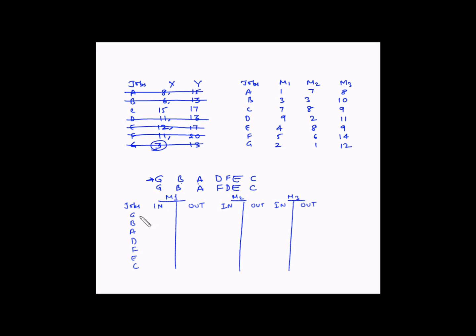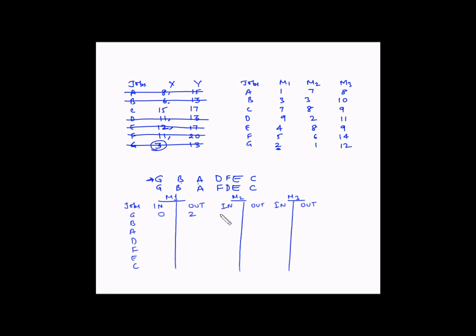So first job is job G. Since we are starting from job G, it can come into M1 at the 0th instance, and it takes 2 hours to process on M1, so it will be out at the 2nd hour.